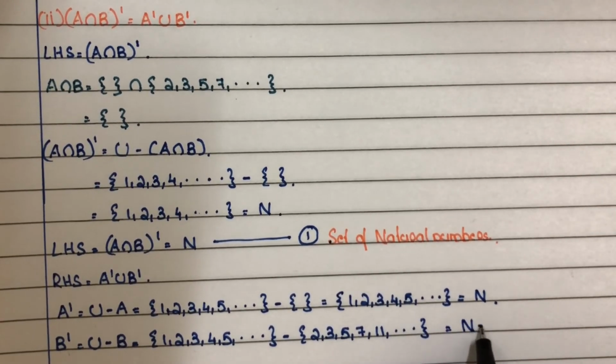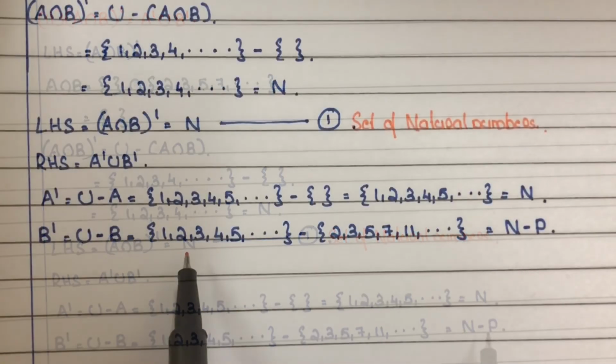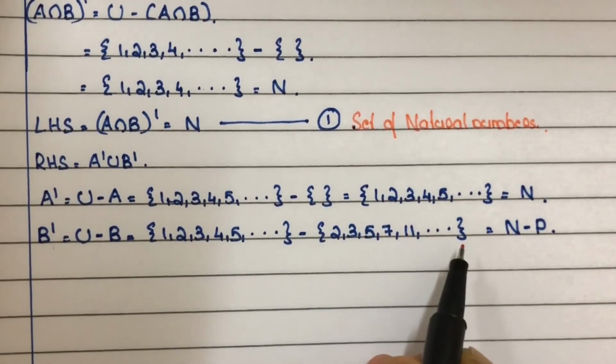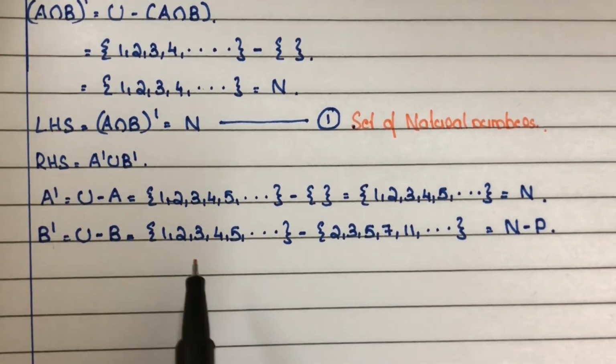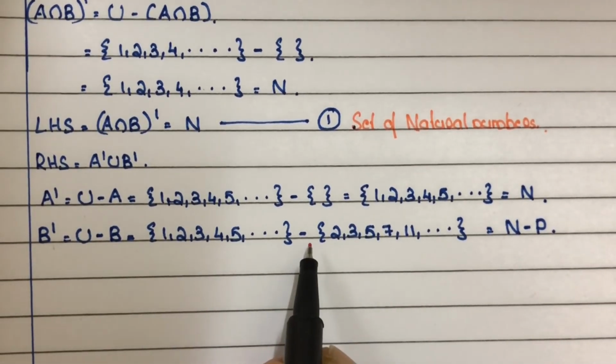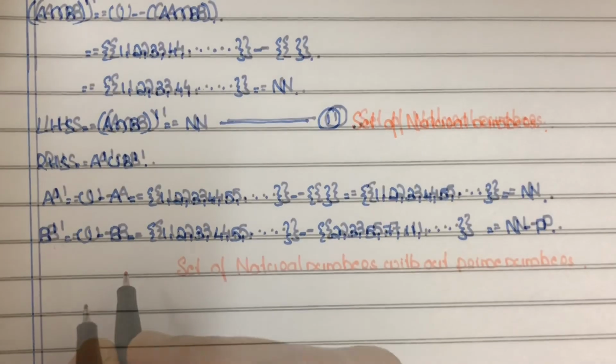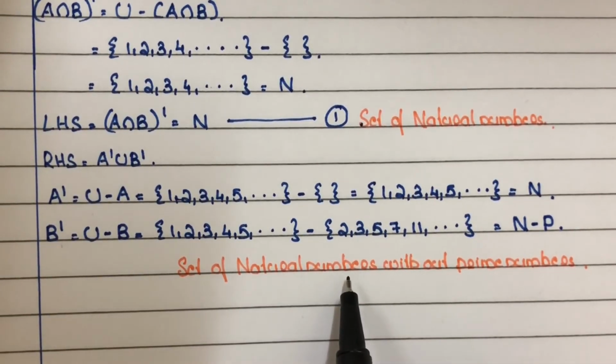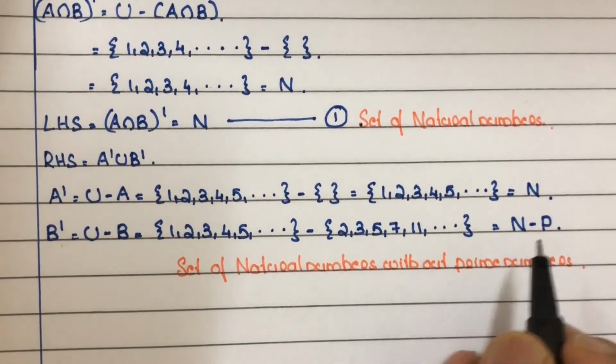N minus P, right? Set of natural numbers minus set of prime numbers. What you will get is set of natural numbers without prime numbers, right? So B dash is equal to set of natural numbers without prime numbers. That is N minus P, right?